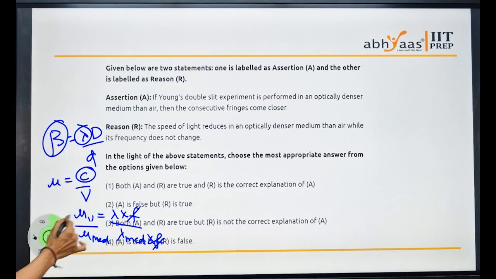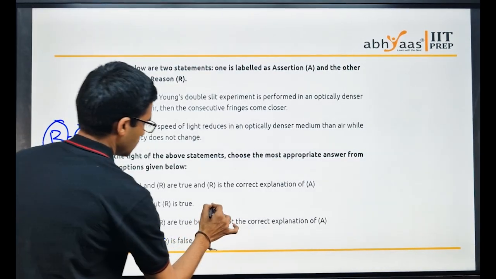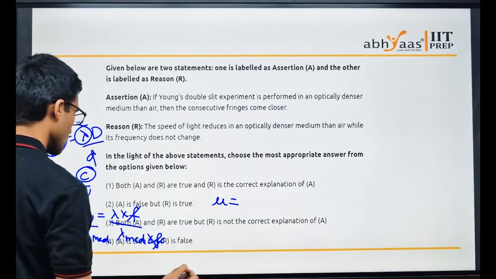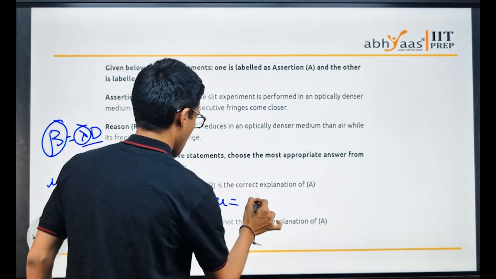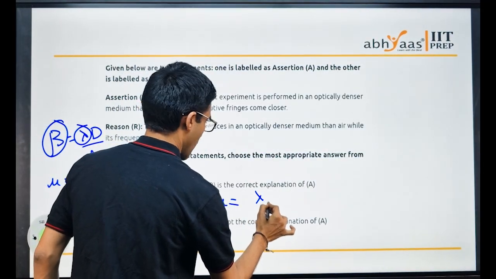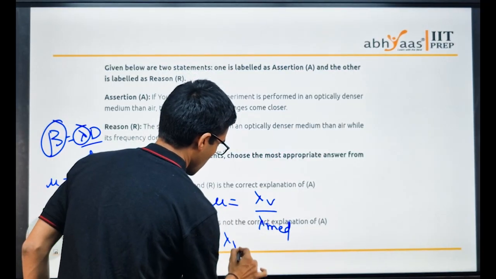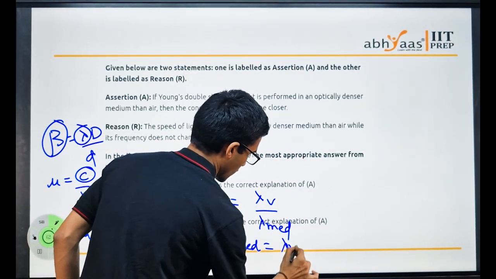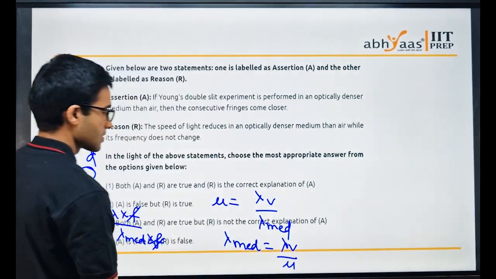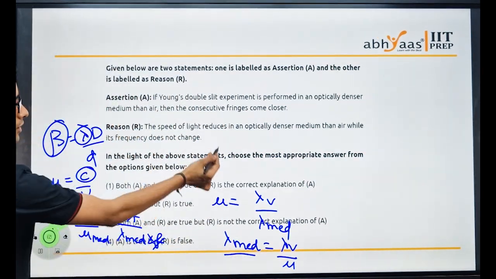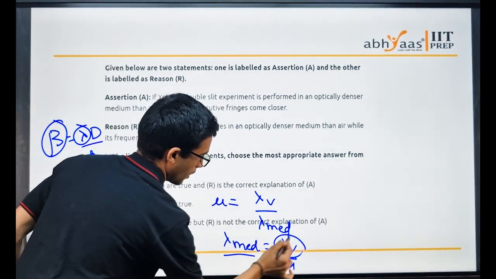F gets cancelled. Then mu is equal to lambda vacuum by lambda medium. That means lambda medium is equal to lambda vacuum by mu. So lambda in the medium is reduced when compared to the air one.